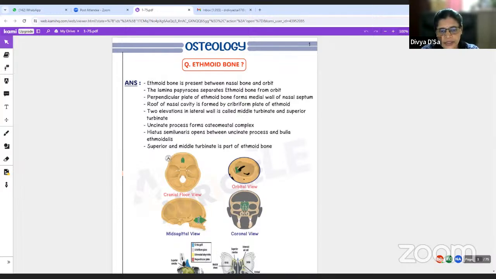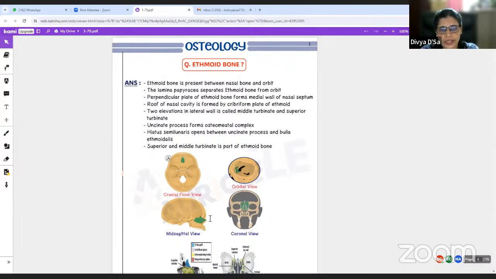And here you can see the roof portion above. This will be the roof, formed by the cribriform plate of the ethmoid bone. Why it is called cribriform is that cribriform means sieve-like. It has many sieve-like holes through which the olfactory nerves project into the cranial cavity to form the olfactory bulb.